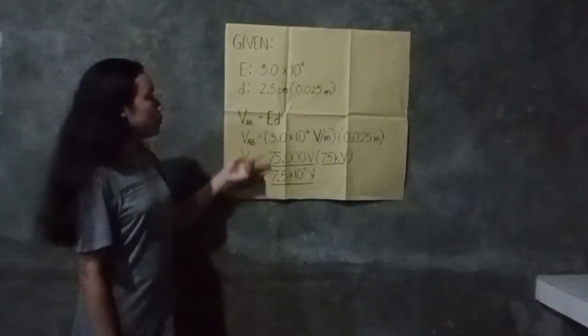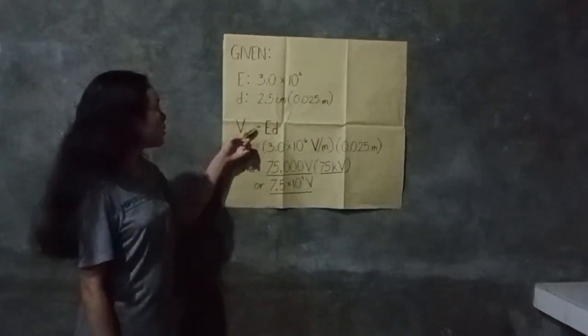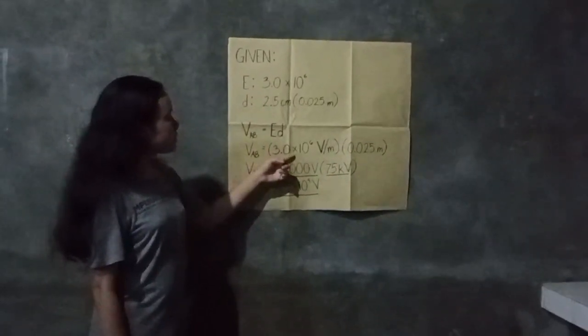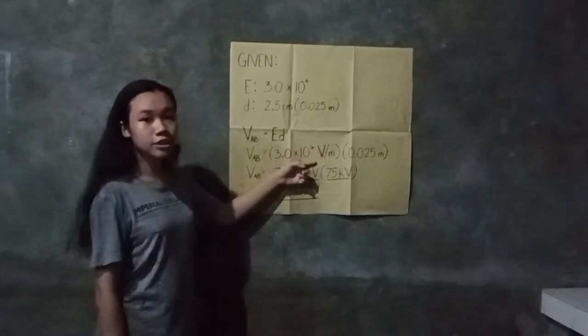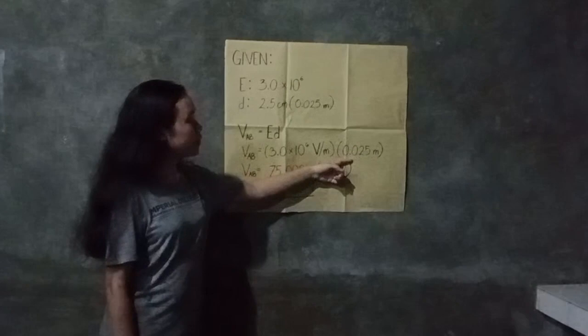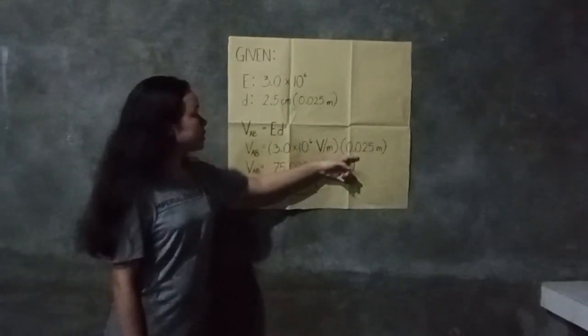Now, we will follow the formula. We will start off with the electric field, 3 times 10 raised to 6 volts per meter, and our distance, 0.025 meter.